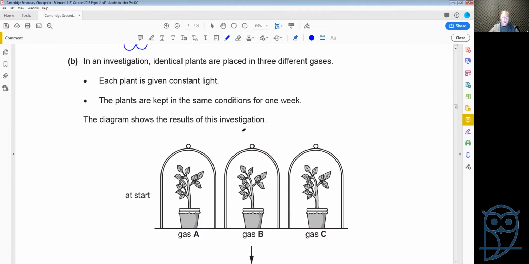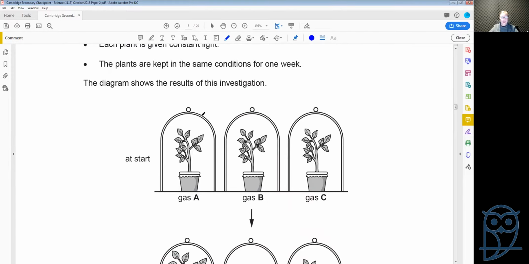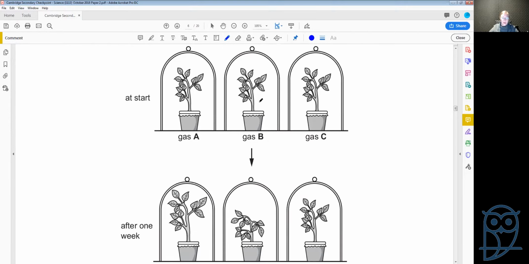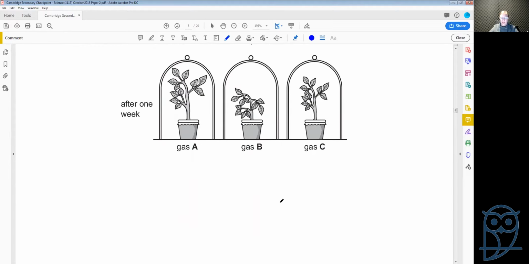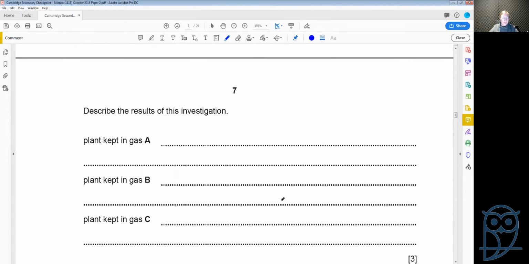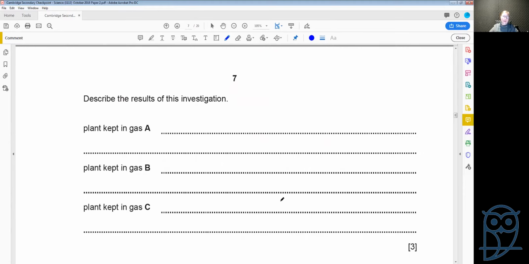Okay. So the only difference is the different gases that they gave. So here we have the results of the investigation. So this one grew larger, this one stayed the same, and this one started drooping and dying. Describe the results of this investigation. The plant kept in gas A, so now we just literally need to describe this, grew bigger.